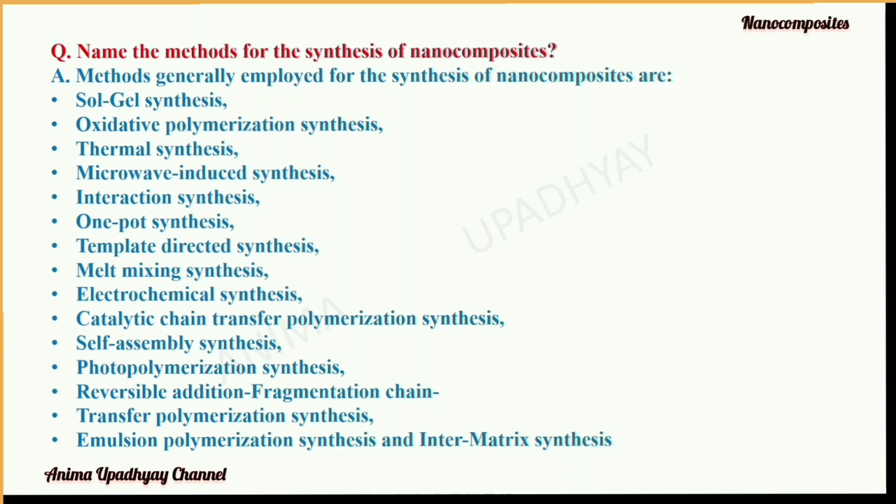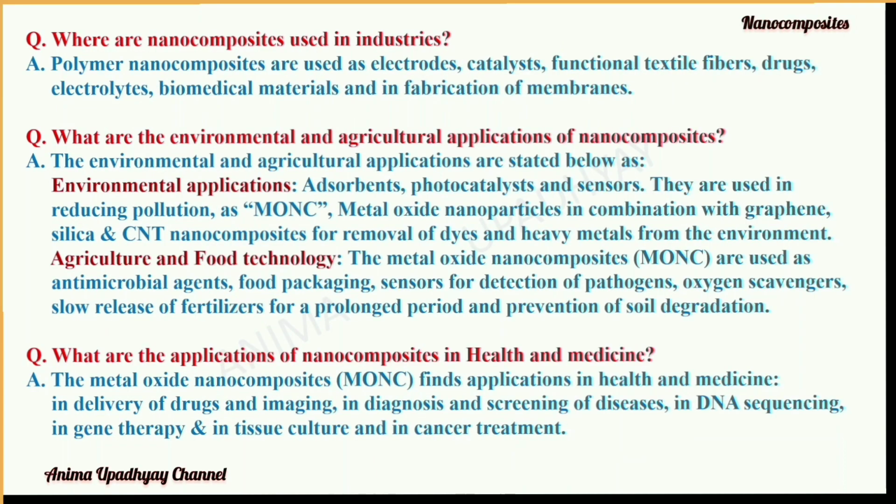The methods that are generally employed are sol-gel synthesis, oxidative polymerization synthesis, thermal synthesis, microwave-induced synthesis, intercalation, one-pot synthesis, template-directed synthesis, melt mixing, electrochemical synthesis, catalytic chain transfer polymerization, self-assembly, photopolymerization synthesis, reversible addition fragmentation chain transfer polymerization, emulsion polymerization, and intermatrix synthesis.